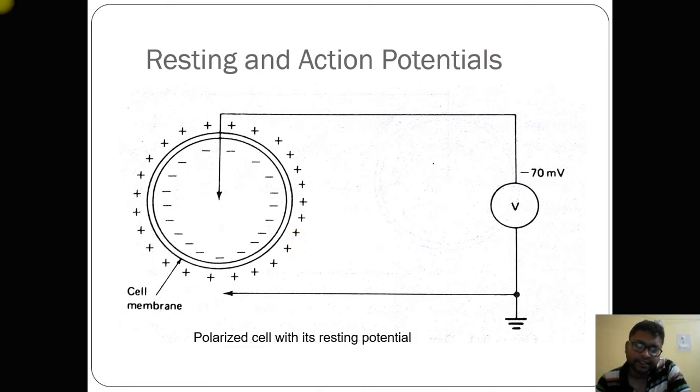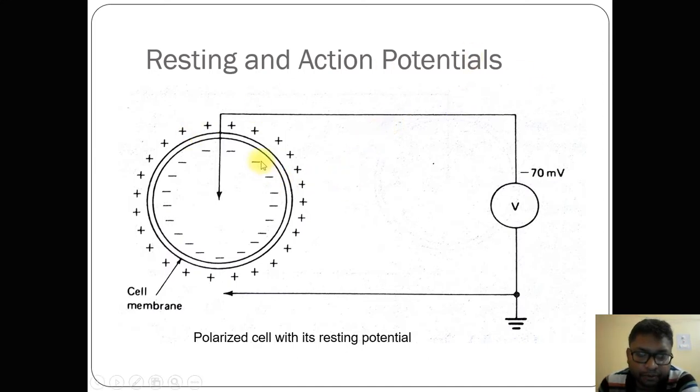A cell can be either in the polarized state or in the depolarized state. The polarized state is when the cell is in its resting position. Generally, if you take a muscle cell or a nerve cell, it consists of basically two types of ions, sodium and potassium.